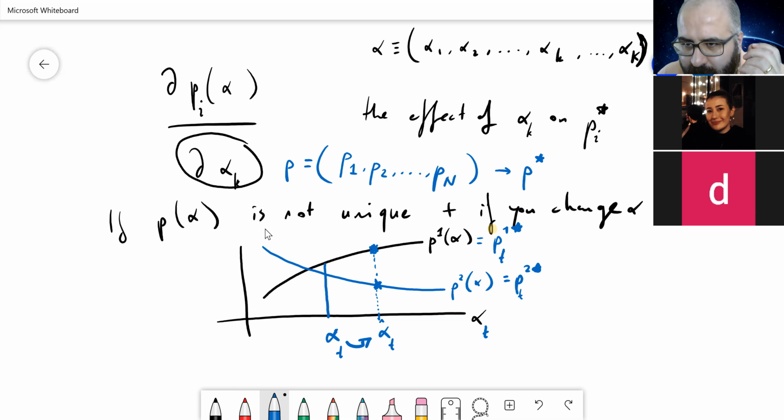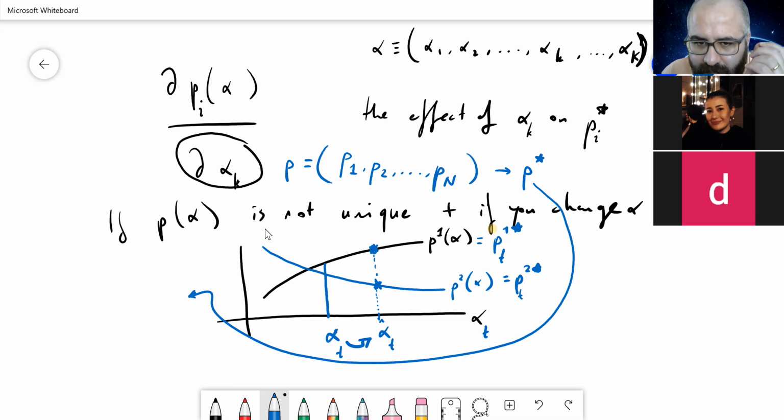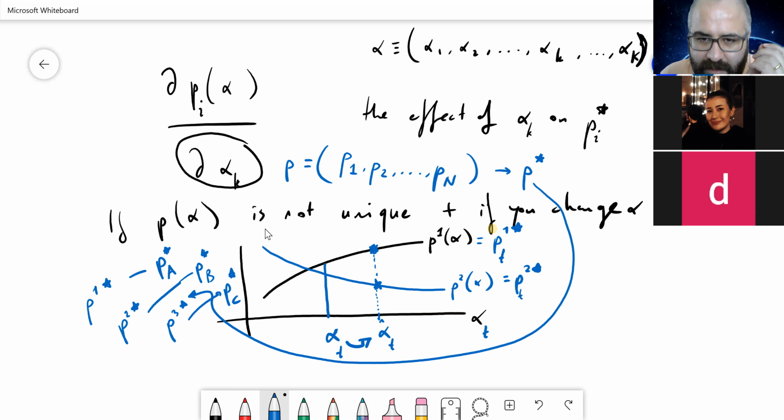Multiple equilibria means you can have P1 star, P2 star, P3 star, let's say, or you can denote it by letters: PA star, the first equilibrium, PB star as the second equilibrium, PC star as the third equilibrium.